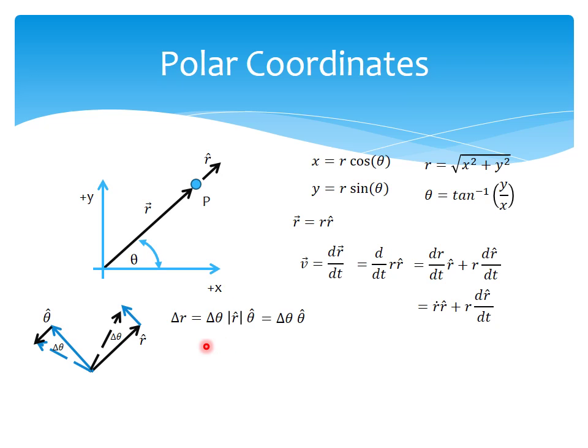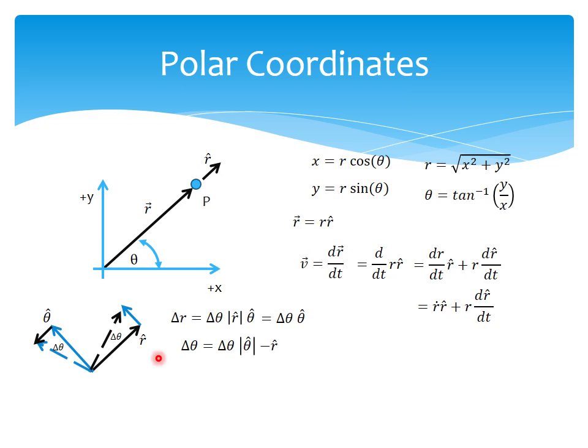And I can do the same thing. The magnitude of the unit vector is 1, so the change in the unit vector r hat is equal to the change in theta times theta hat.